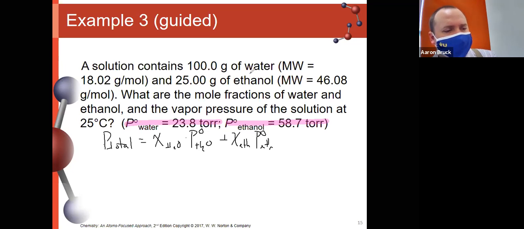So I've got some calculating to do. I've got to find the mole fractions for each, which means first I got to figure out how many moles of each thing I have.